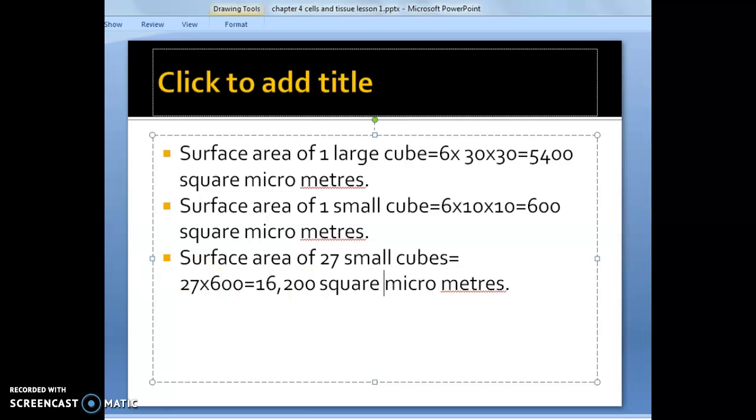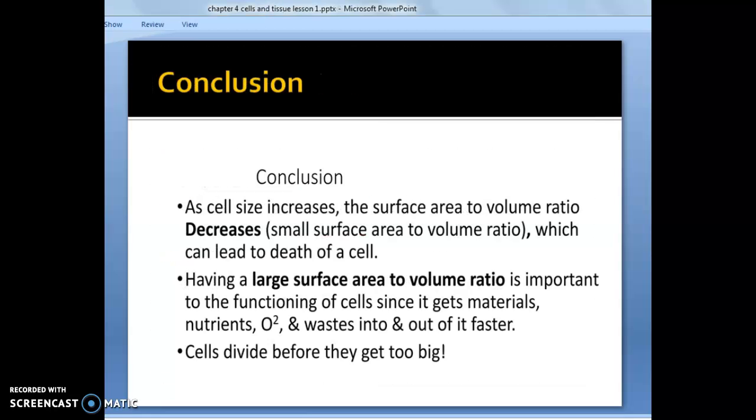Now, the conclusion. So the conclusion of this lecture is, as cell size increases, the surface area to volume ratio decreases. A small surface area to volume ratio can lead to the death of a cell because the materials are not going to be exchanged properly in and out of the cell.